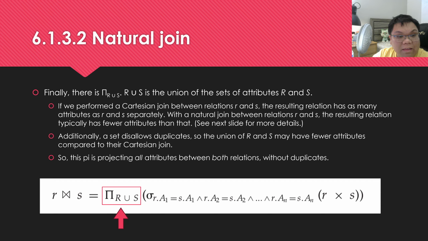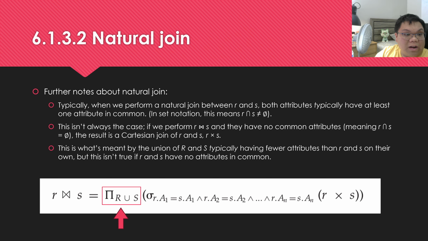If you did the natural join of r and s instead, you're going to have fewer attributes than if you did r Cartesian join s, which means that big R union big S is going to have fewer attributes than the number of attributes in little r cross little s. Which is what all this other stuff here is trying to say.